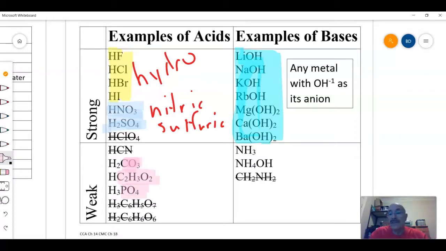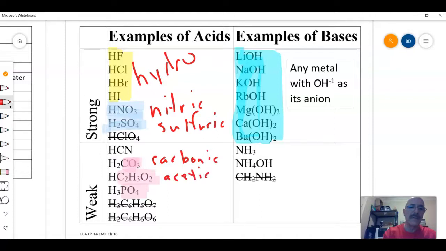Acetate turns into acetic acid. And phosphate turns into phosphoric acid. Don't forget to put the word acid after all of those. And don't forget how to spell phosphoric. Please, Gordon Brewer. No, just kidding. I'm picking on you.